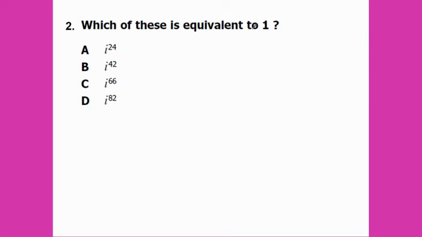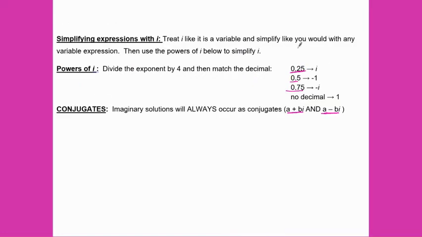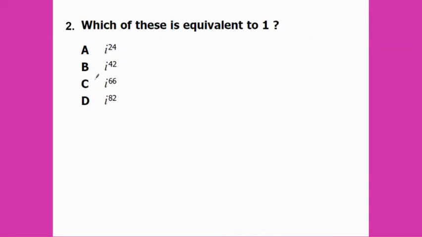Which of these is equivalent to 1? So this is going back to those exponent rules that we talked about right here. So if we want to get a result of 1, we want there to be no decimal. So we divide each of these exponents by 4.